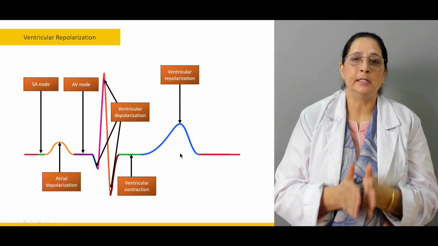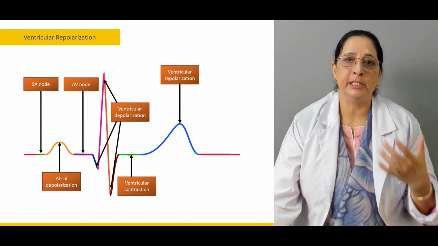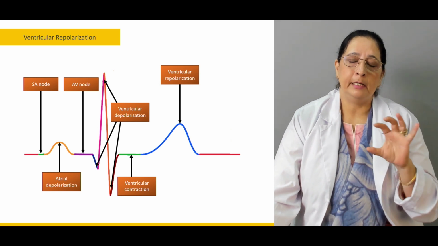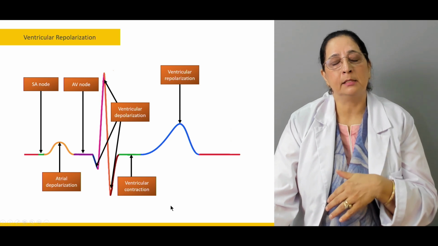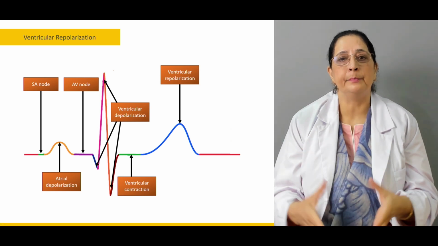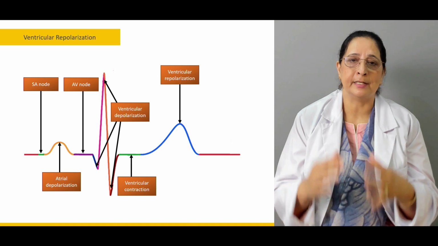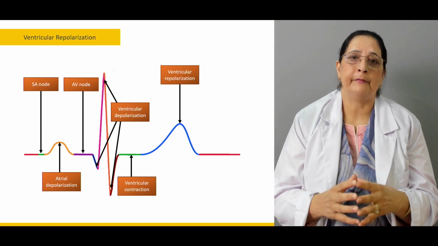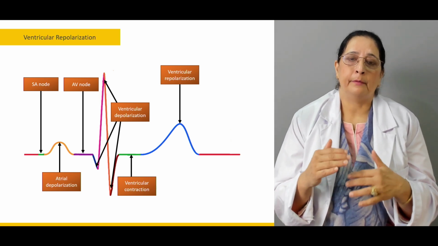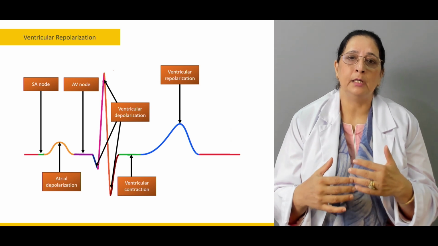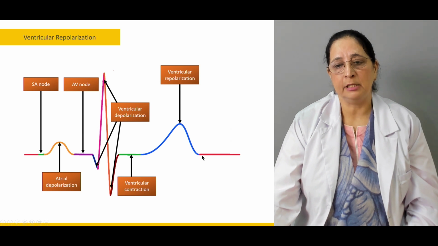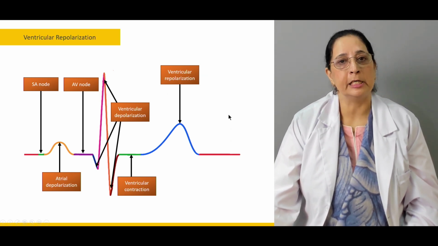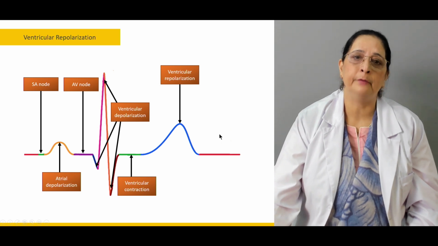In depolarization, it's negative inside, but when it's repolarized, it comes back to the normal stage, the resting phase, and in this phase, the blood comes back to the heart and it is relaxed. This T wave is due to the repolarization or relaxation of the ventricle.